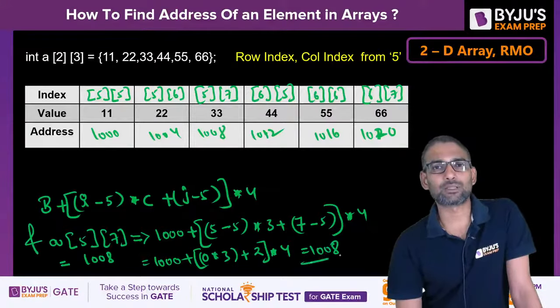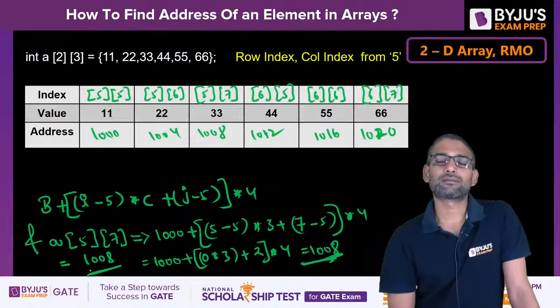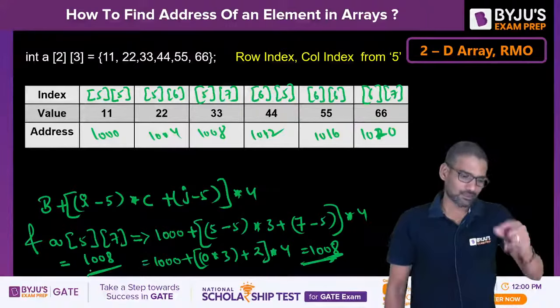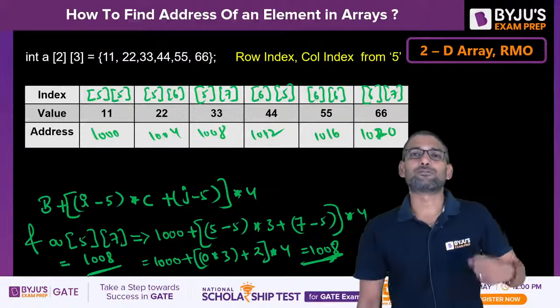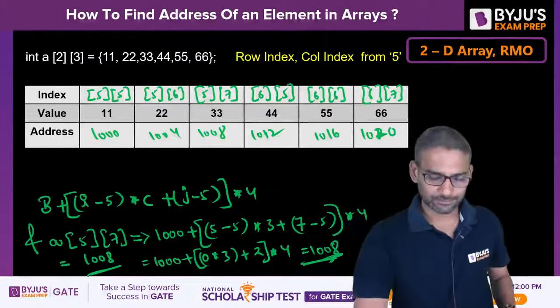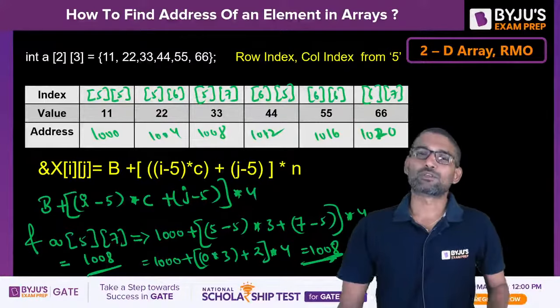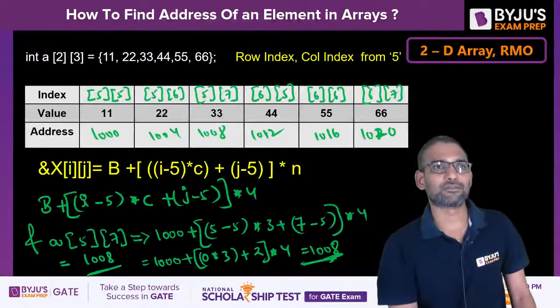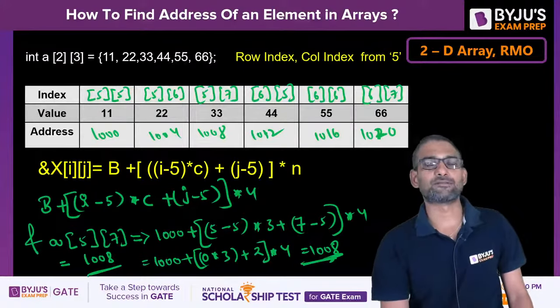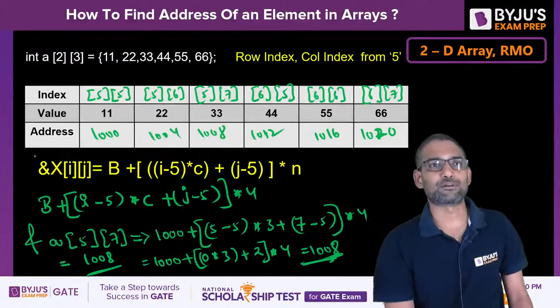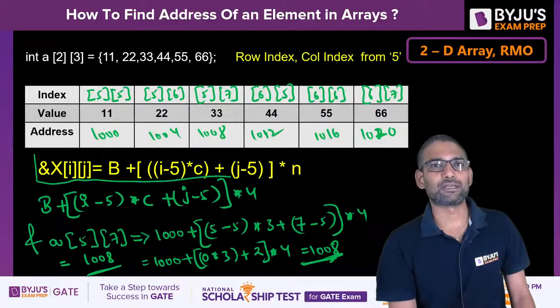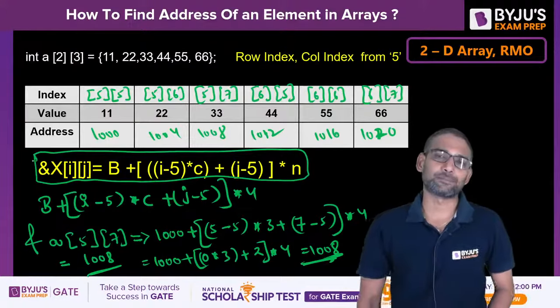So I am getting 1008. Yes, this formula is working when the index starts from 5. So with I minus 5 and J minus 5, I will definitely get the address of any element correctly.